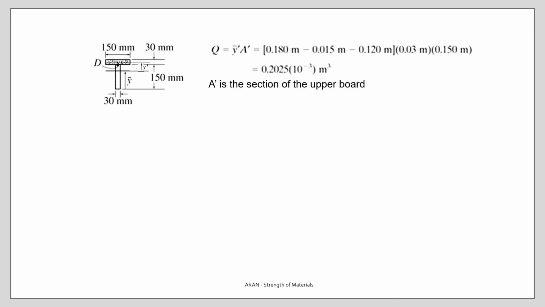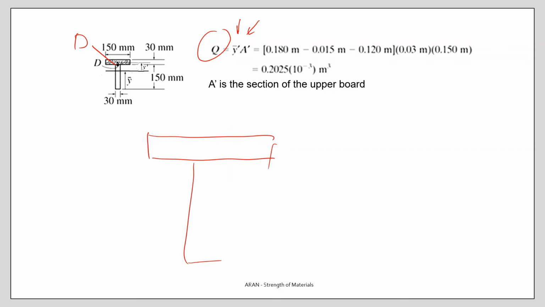Okay, let's calculate the Q value for point D. Well, for this, I need these two values. If you draw the same section, this is my point D, and my neutral axis is over here, and its distance from the lower end is 120.